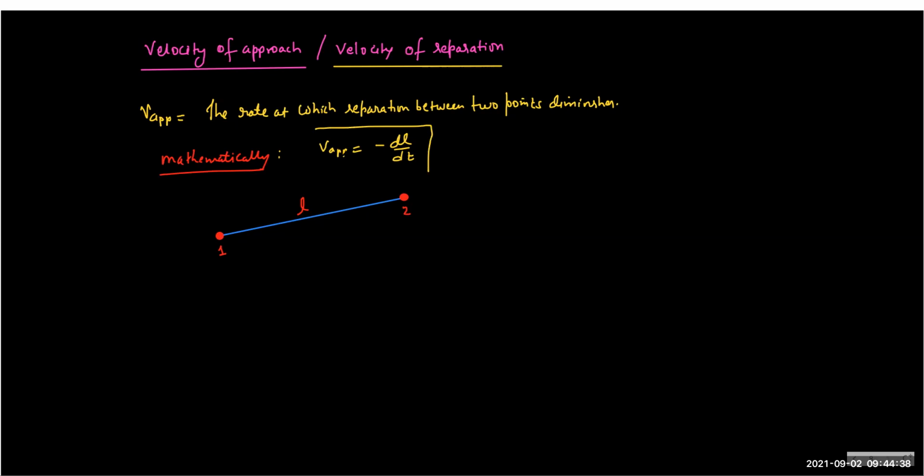That's the definition. Sir, why minus dL by dt? Because it's decreasing, so dL is negative, and to make it positive, we put a minus. So V approach is the magnitude of the approach velocity. Now in separation, what do we write?